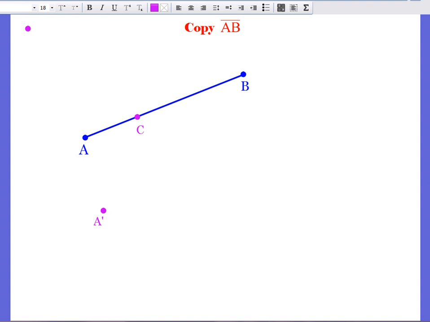Now we're going to bring in our compass. Compasses, of course, have a point and a pencil, and we're going to put the point of that compass on point A. And then we're going to extend our compass so that the pencil is on point B. There we go. That's pretty close.